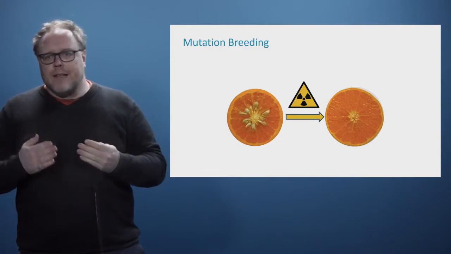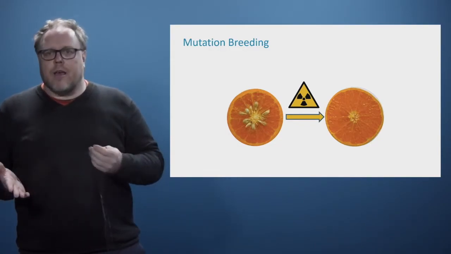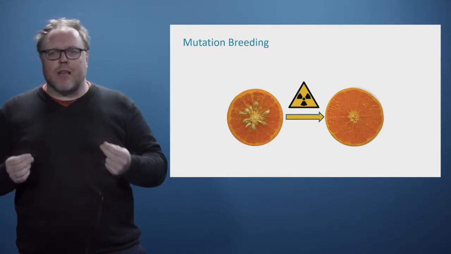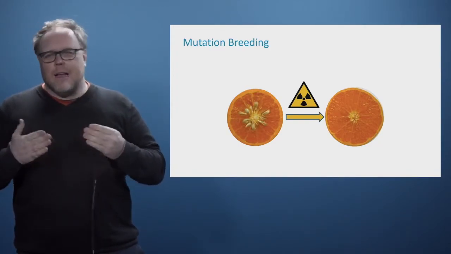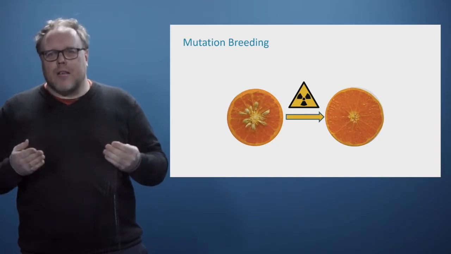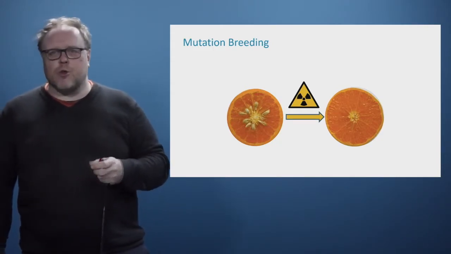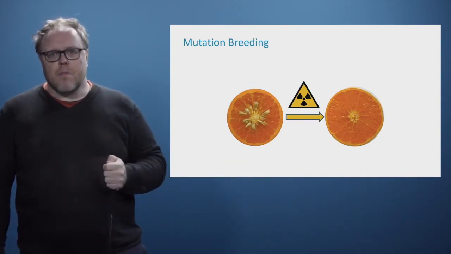But of course, you already feel that this is a very coarse, potluck kind of approach where we don't understand the specific mutations that are causing these desirable traits. And therefore, it's very unspecific, unclean. Also, we don't know what other mutations may be introduced by such mutagenesis approaches.